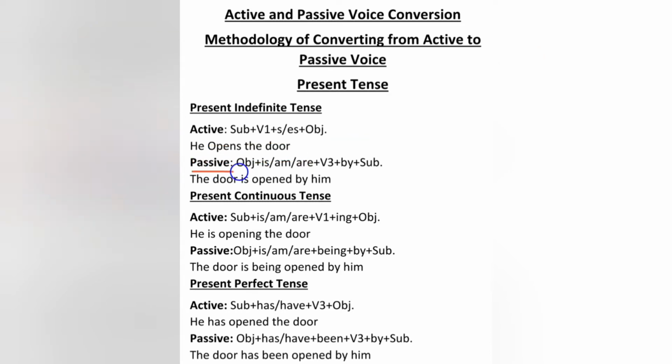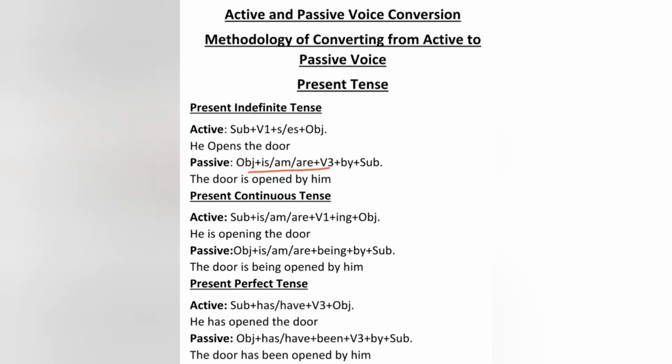Now, when we make passive from active, the subject becomes the object and the object becomes the subject. It means we change the places of subject and object while converting an active sentence into a passive sentence.